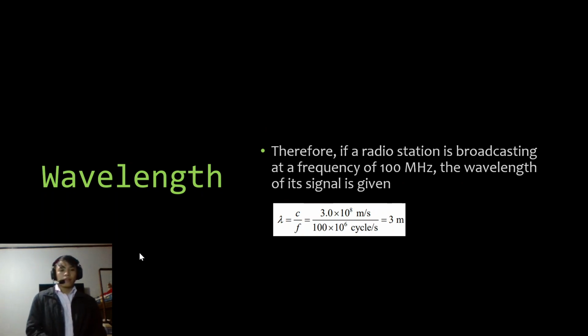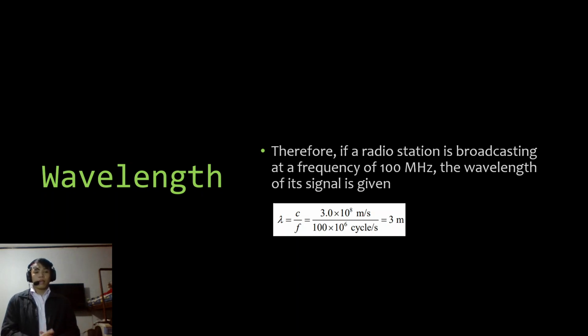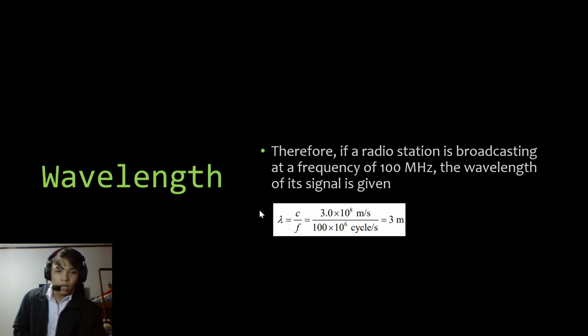Therefore, if a radio station is broadcasting at a frequency of 100 megahertz, the wavelength of its signal is given by 3 times 10 raised to 8 meters per second over 100 times 10 raised to 6 cycles per second, which equals 3 meters.